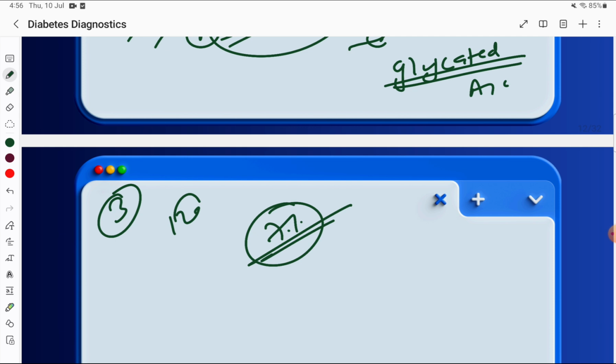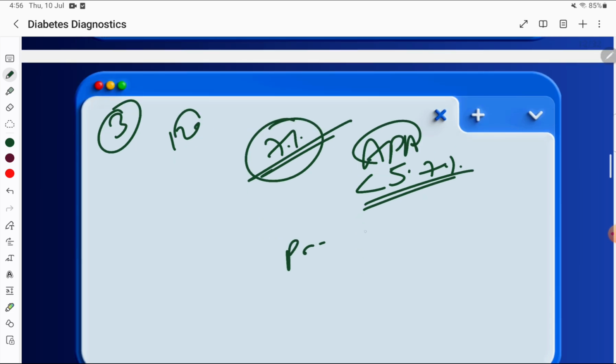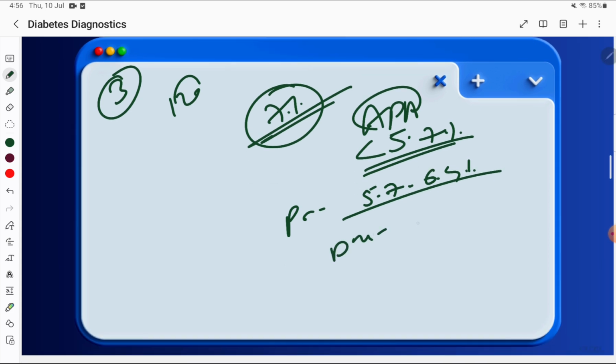Now the reference range as per Oxford and the ADA is that normal HbA1c is always less than 5.7%. The pre-diabetic condition arises from 5.7 to 6.4%, right? The diabetes mellitus condition arises when the HbA1c is more than or equal to 6.5.